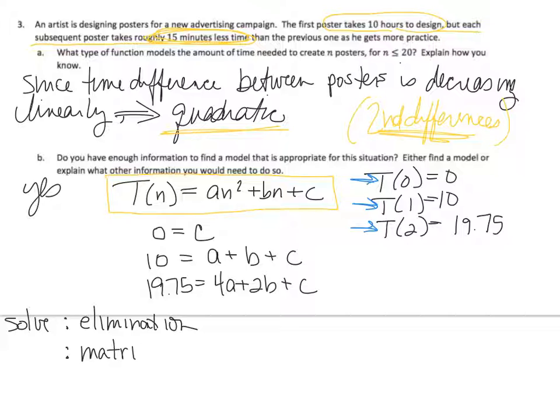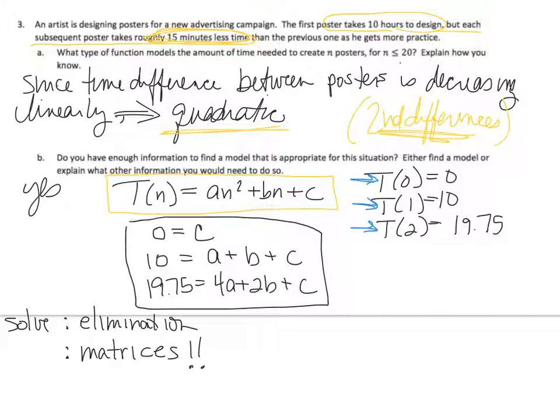If you don't remember how to do matrices in your calculator, please ask, because it's so much easier than adding and subtracting these things. But I'm going to go ahead and copy this onto a new slide and work through the solution. Okay? But I'm going to push pause to do so because it may take just a little bit of time.